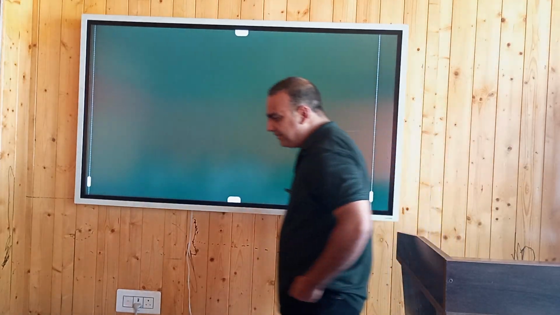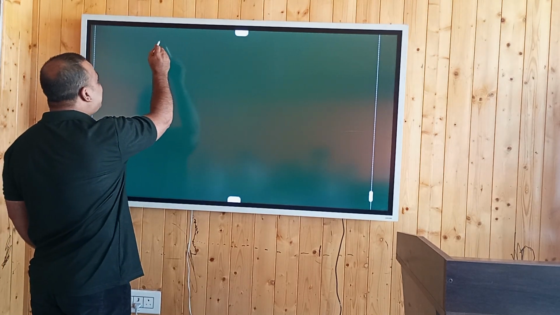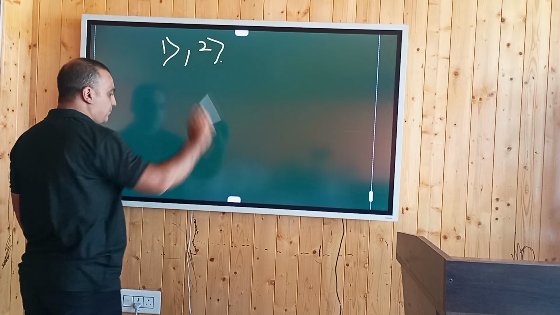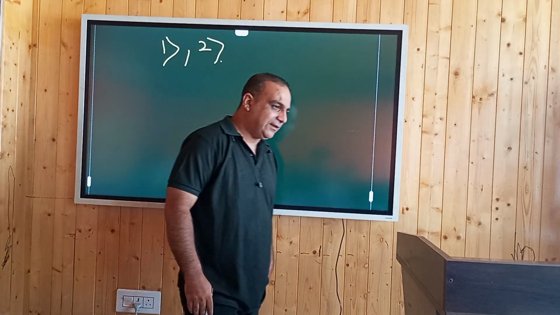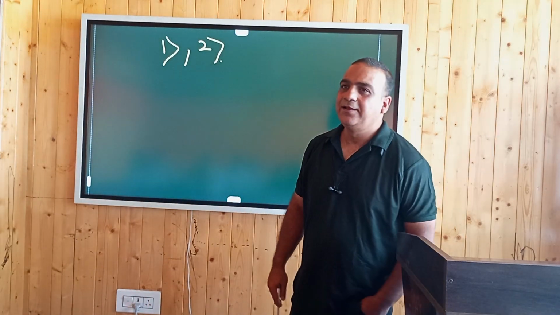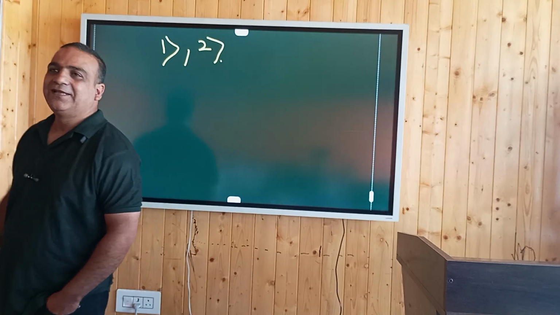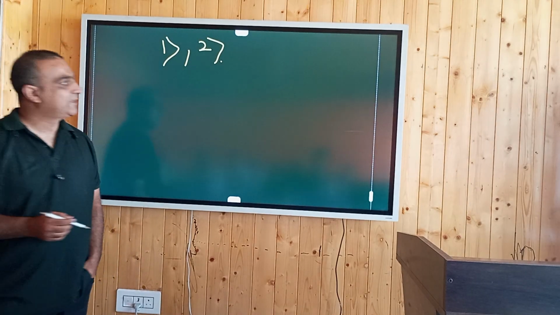So to start with, let me choose a problem. Suppose I have an eigenstate, say eigenstate 1 and eigenstate 2, and I incorporate a perturbation.